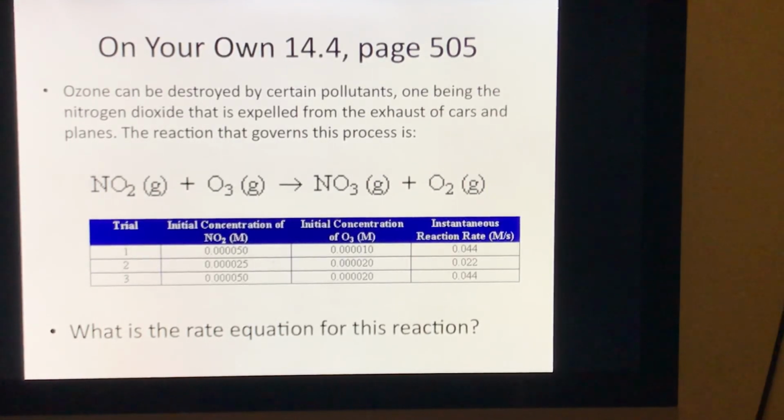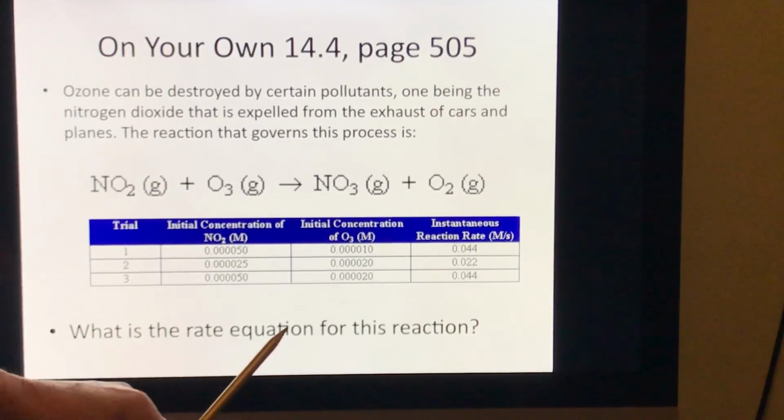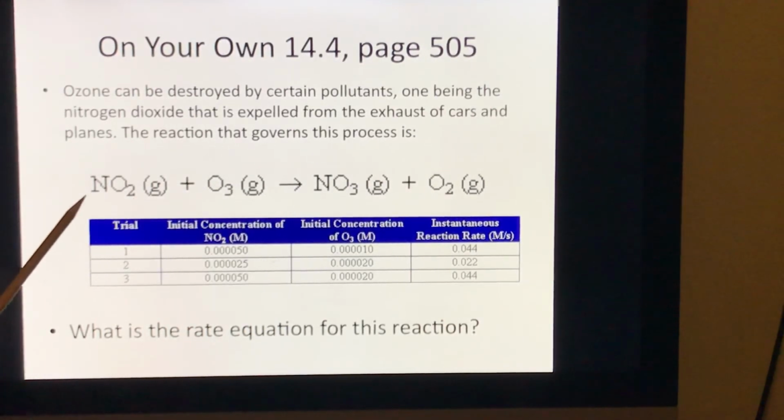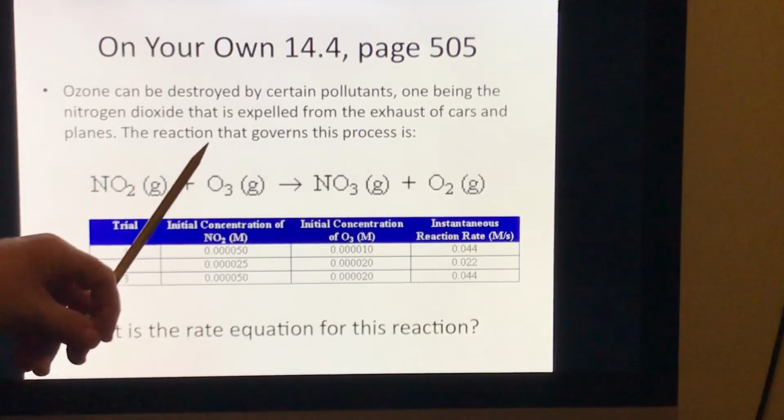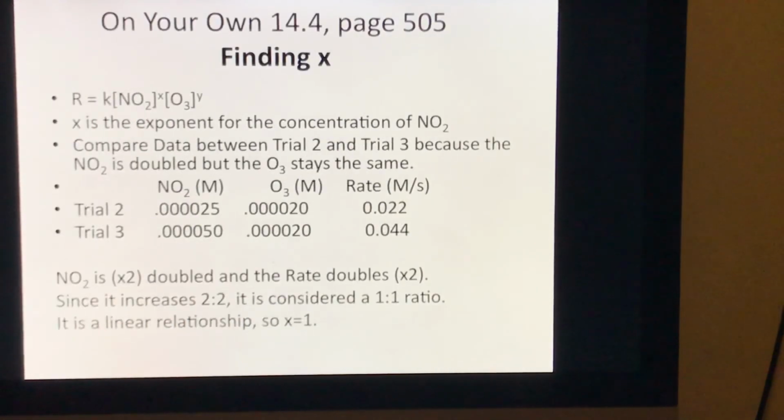So we'll follow the same procedure. First, we'll write the initial stages of the rate equation, where this is our A and this is our B. So we have it here: R equals K times A to the X and B to the Y. And we'll start off by finding X. We're going to compare the data between trial 2 and 3, because in this case we're looking for the NO2.